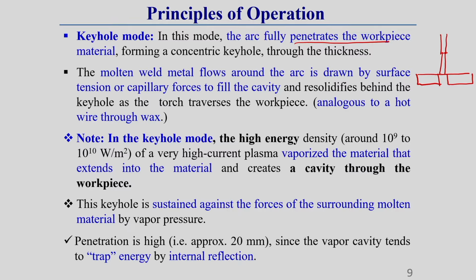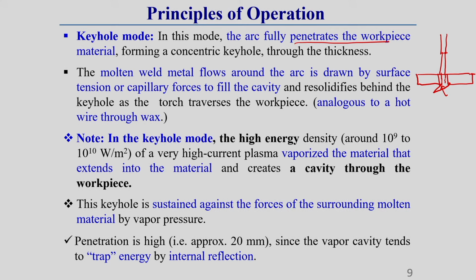That means this arc fully penetrates and comes out like this. Some portion of the arc you can see coming out below this workpiece, that is called efflux, E-F-F-L-U-X, okay, efflux of this arc.